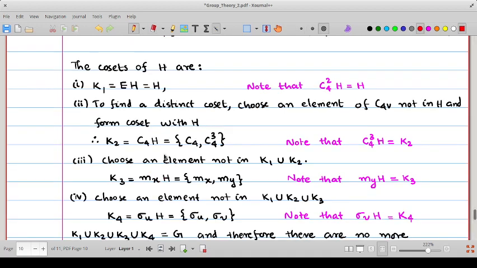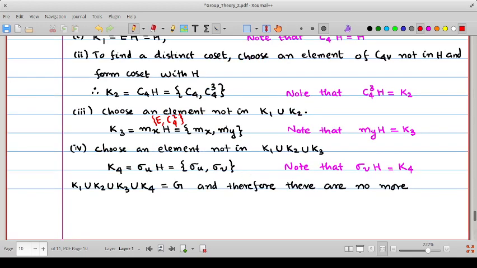The subgroup H is E and C4 square, so I multiply the elements with Mx. Mx times E is Mx, and Mx times C4 square is My. So I get a new coset.